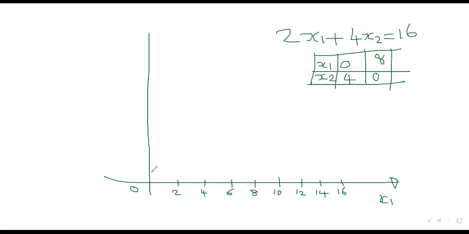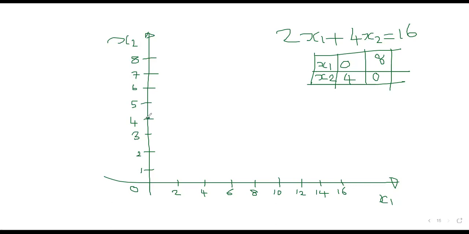And you can say 1, 2, 3, 4, 5, 6, 7, 8. This is our x2. So of course we can say 0,4.